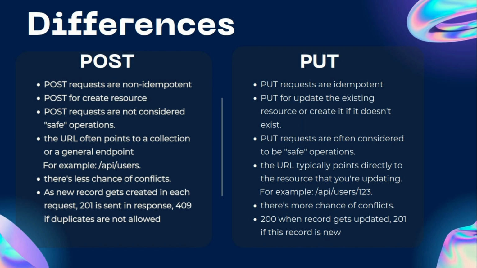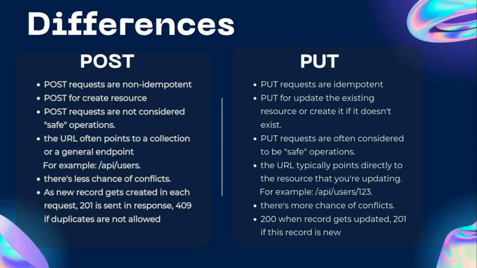Let's see the last difference. When a new record gets created by a POST request, we will get status code 201 in response, and if we have a constraint against duplicate creation of a resource, then we will get 409.